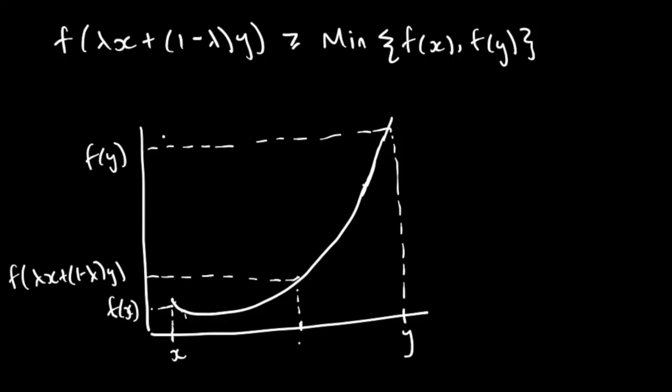So we've drawn our function of the linear combination right here. Now we take the minimum, rather than the maximum, the minimum of f of x and f of y. So of our 2 points that we map, this is always going to be the one at the bottom, the minimum of the two on the y-axis. So this point right here.